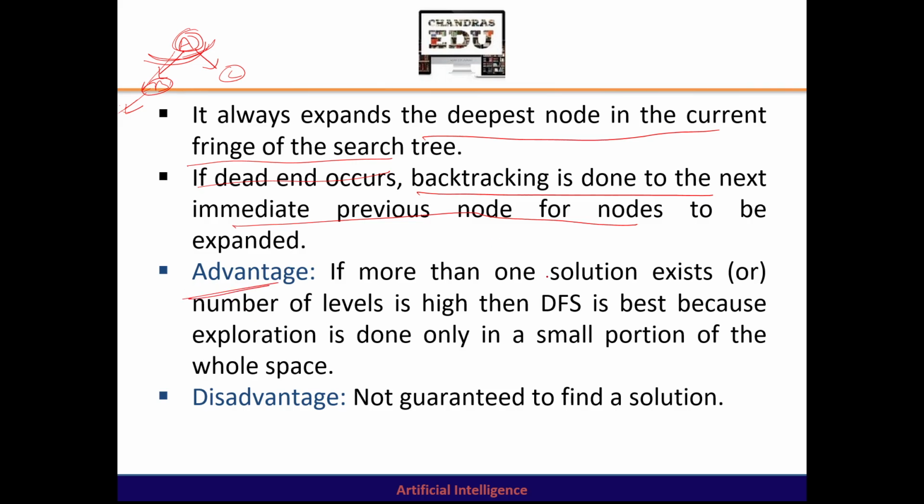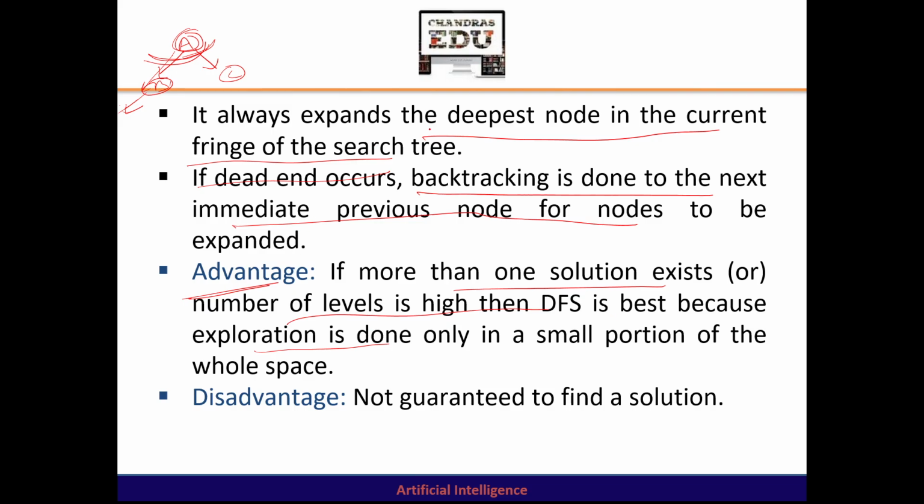The advantage is that if more than one solution exists, or our number of levels is high, then DFS is nothing but best, because exploration is done only in a small portion of the whole space.